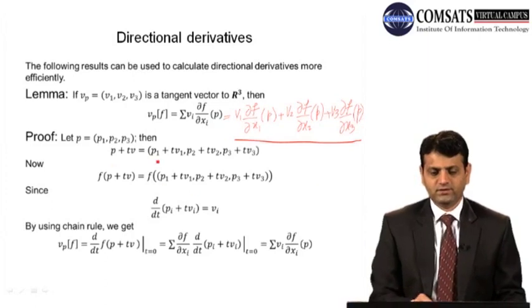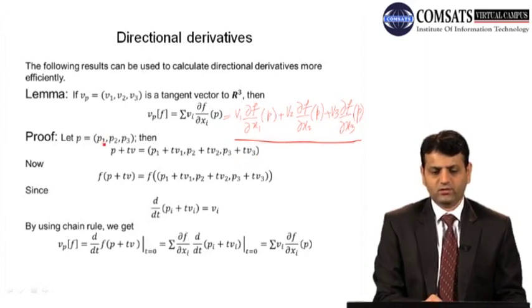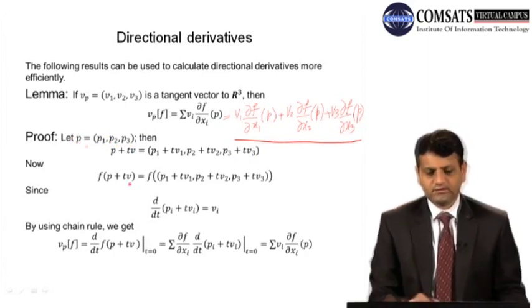So we know that p plus tv is just (p1 plus tv1, p2 plus tv2, p3 plus tv3), where p1, p2, p3 are coefficients of this point. So now what is f of p plus tv? It's just f of the same expression we just calculated.